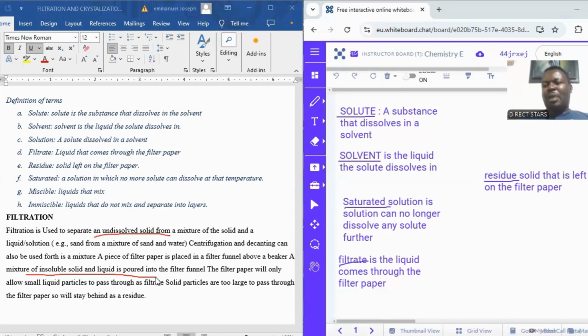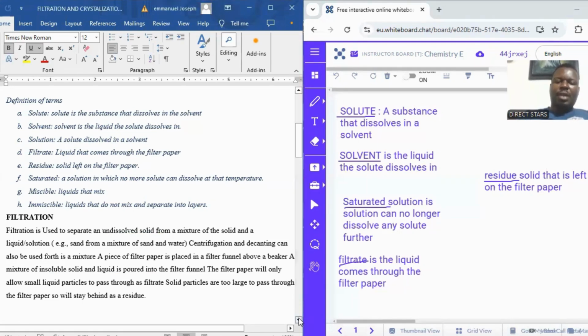Starch grains cannot dissolve in water, so it will make your water cloudy and unclear. If you want to get your clear water back and get your starch on the other end, you carry out filtration. When you carry out this procedure, the starch will be left on the filter paper as the residue, and the water will pass through the filter paper and you get your colorless water back.